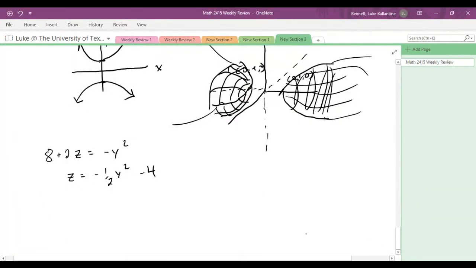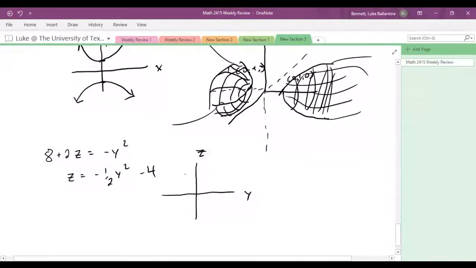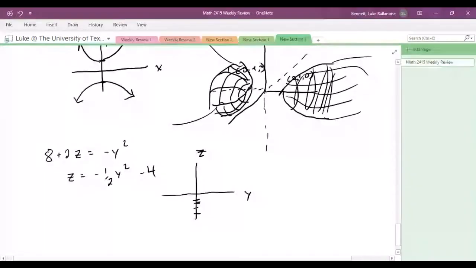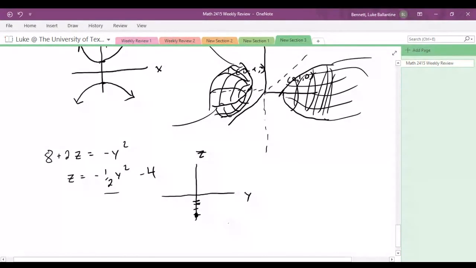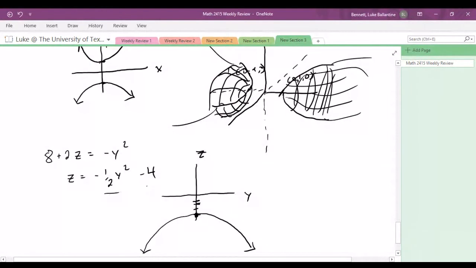And so drawing this with y as the independent variable in 2 dimensions, and z, we have minus 1, 2, 3, 4, shifted down 4 units. And this negative 1/2 just makes it a little bit wider. So what shape is this in 3 dimensions?